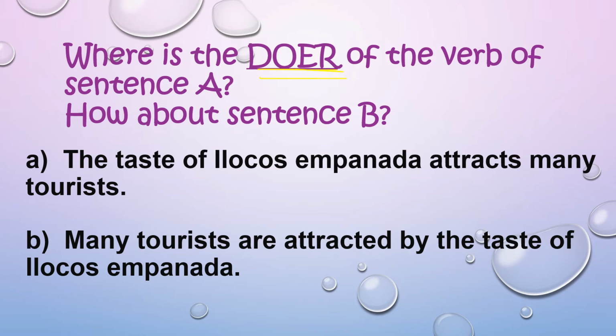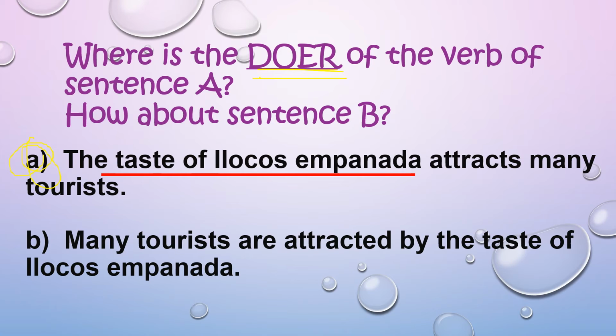When we say doer, who is the person doing the action? For sentence A, the taste of Ilocos empanada attracts many tourists. So where is the doer of the action in sentence A? Yes, that's correct. The taste of Ilocos empanada is the one that attracts many tourists.